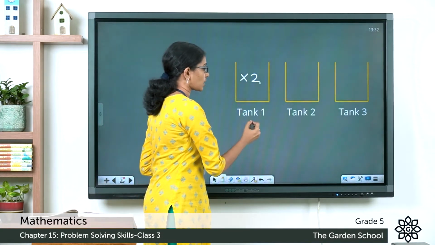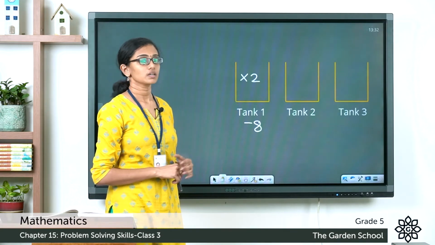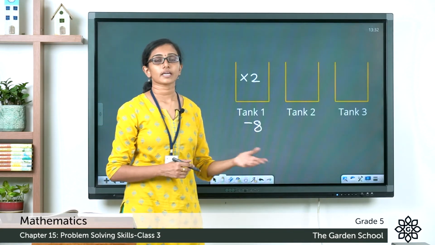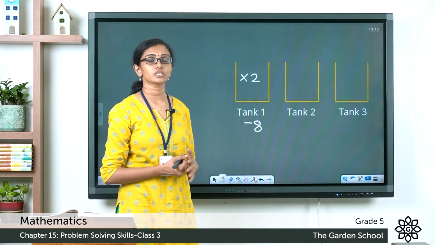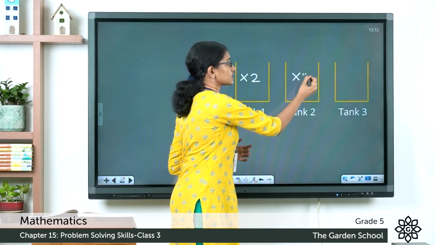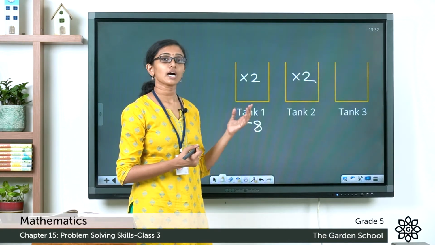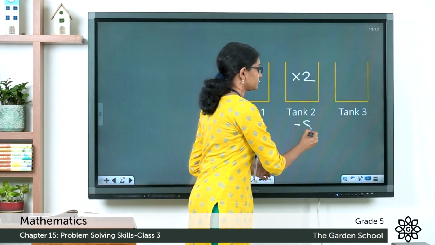So out of the total number of flowers she has now, she gave away 8 of them. Now she goes to the second tank and there also she is taking a dip. And then the number of flowers in her hand gets doubled. Now out of these flowers, she gives away another 8 to a girl.